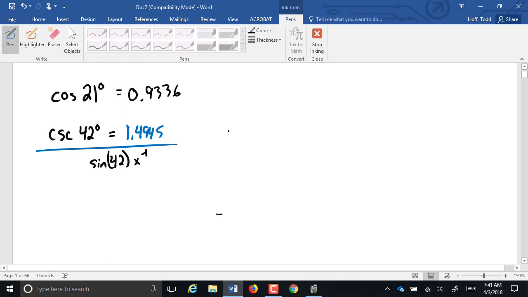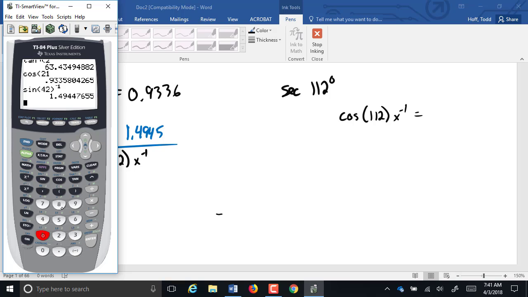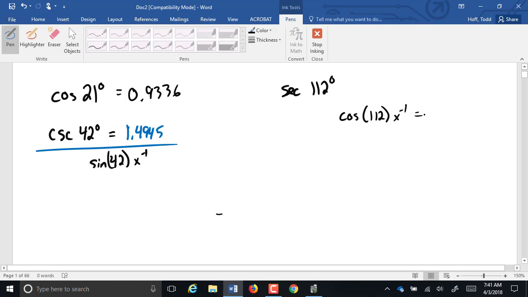So how about secant of 112 degrees? Negative 2.6695.